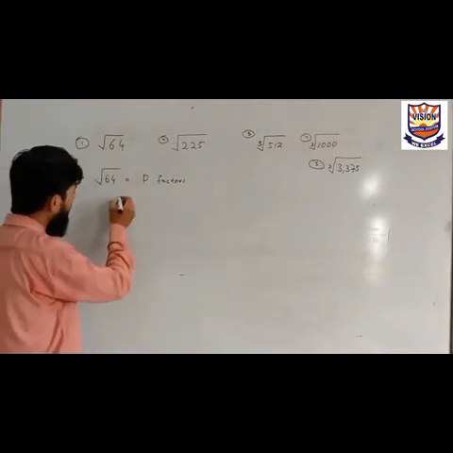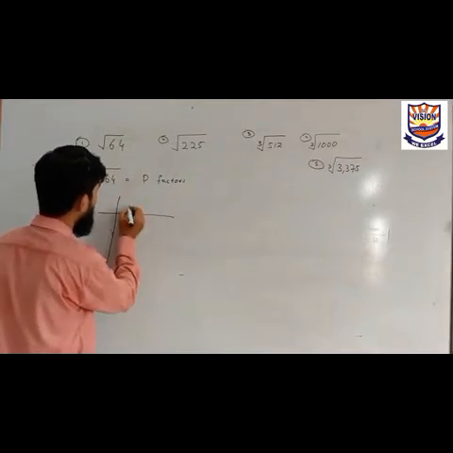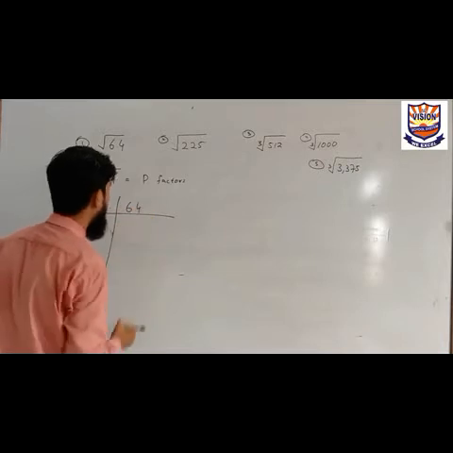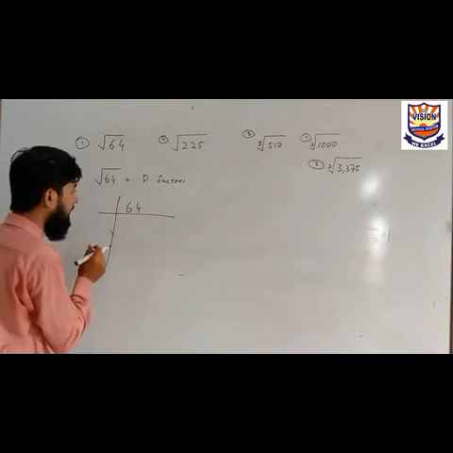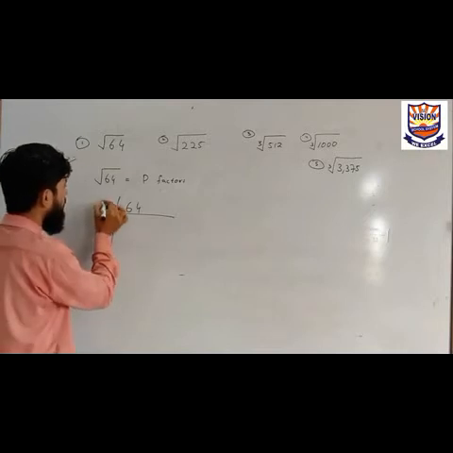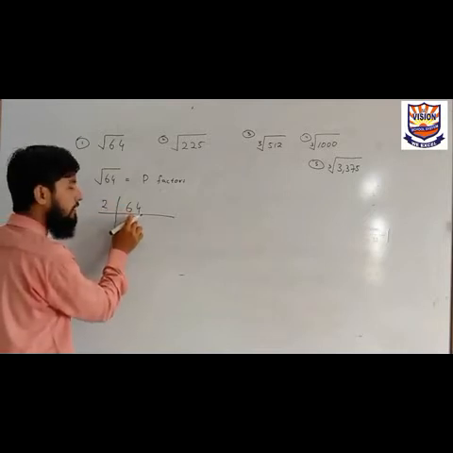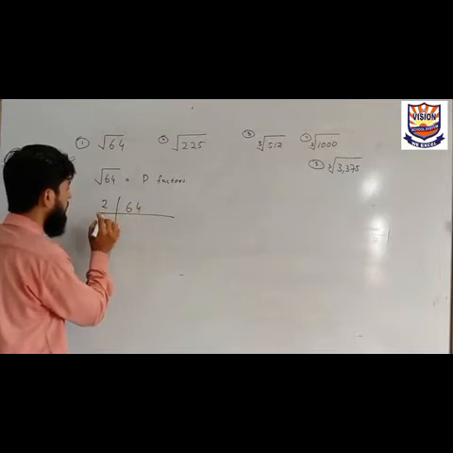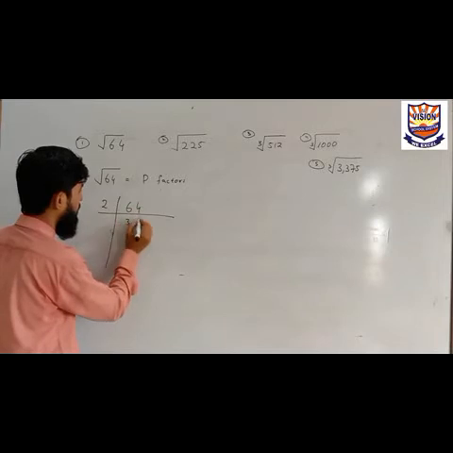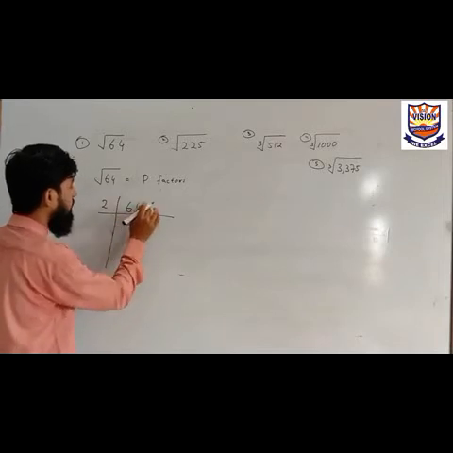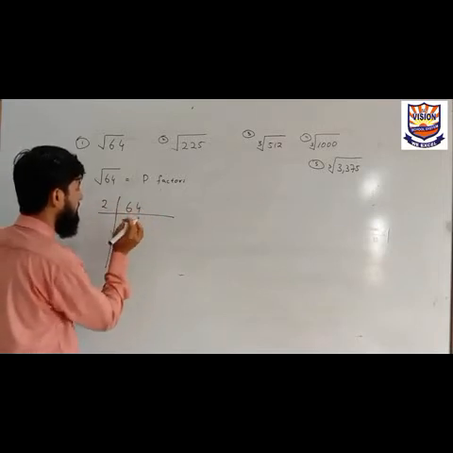First of all, write 64 like this and divide it by its prime factor. So first prime factor is 2, as it is an even number, we can divide it by 2. 2 threes are 6 and 2 twos are 4. 2 thirty-twos are 64.